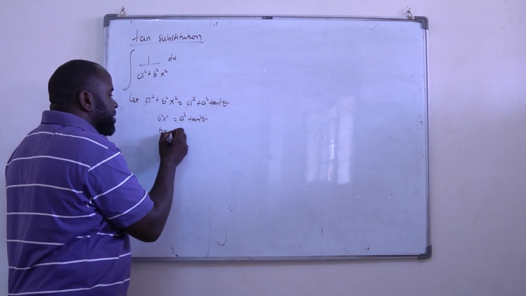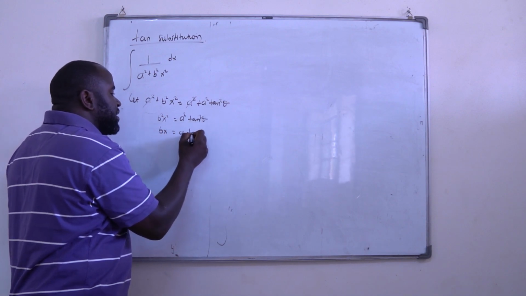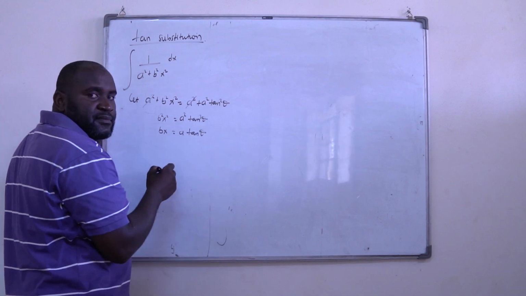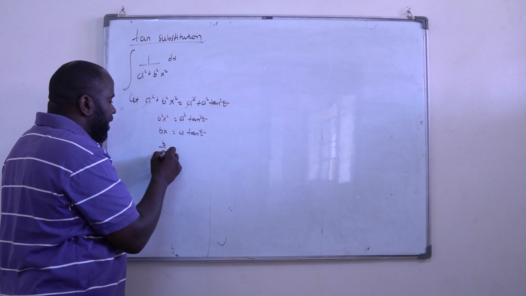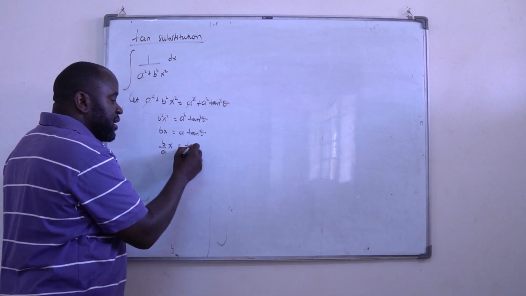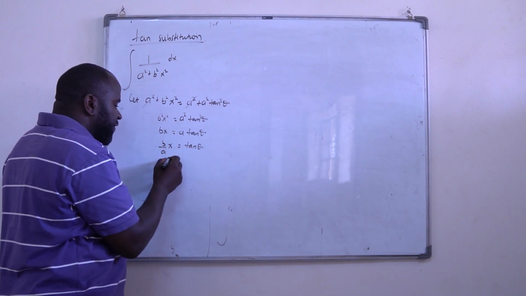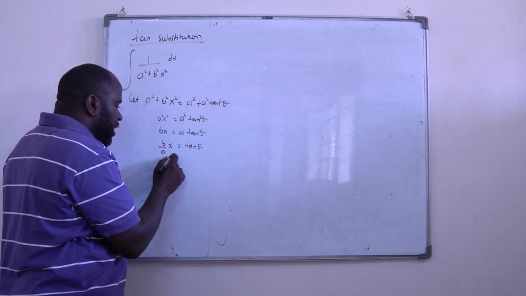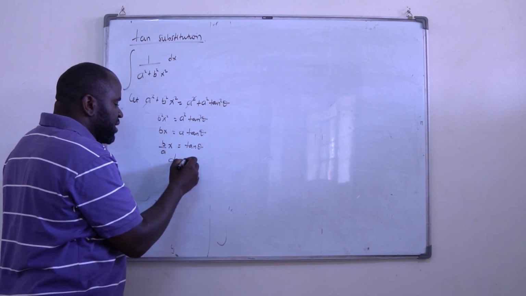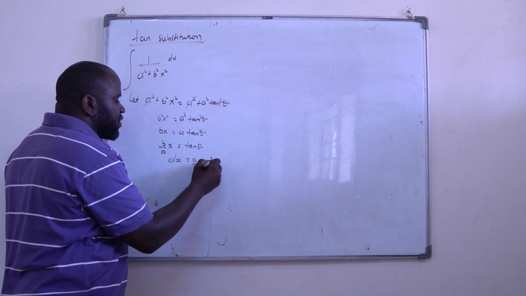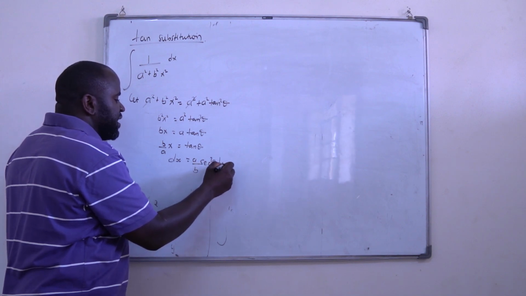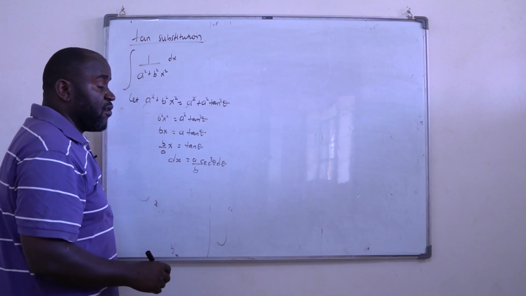Therefore bx is a tan of theta. For that reason, b over a of x is tan of theta, and therefore dx, when you differentiate, will be a over b sec squared of theta d theta. That's the derivative of tan.